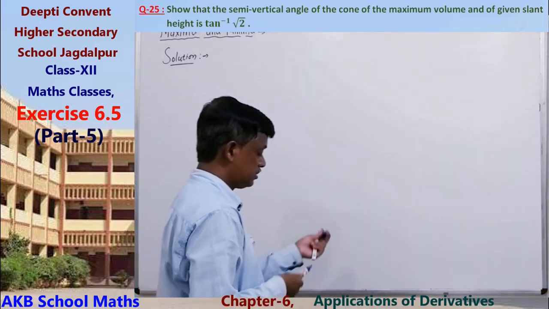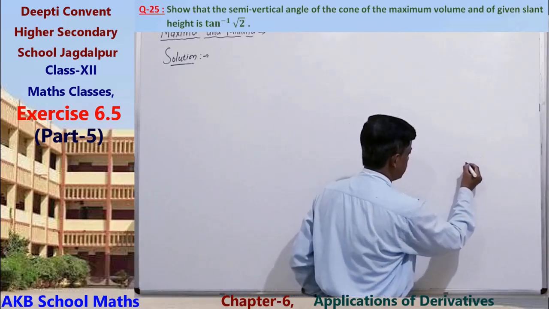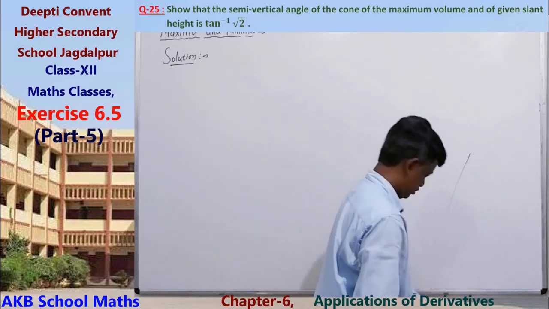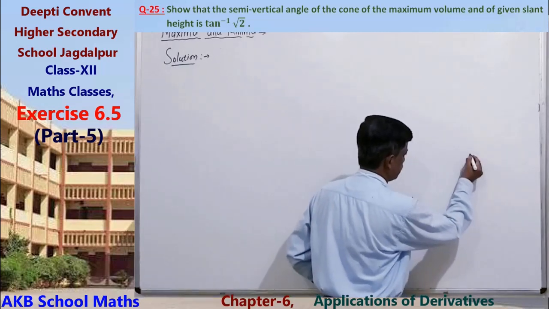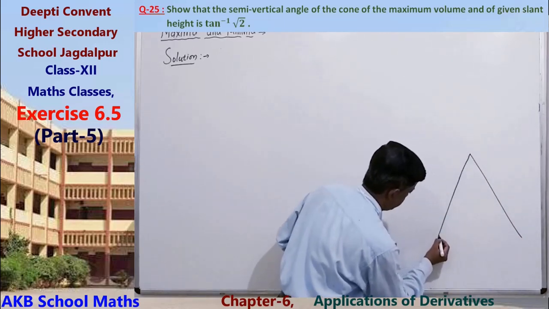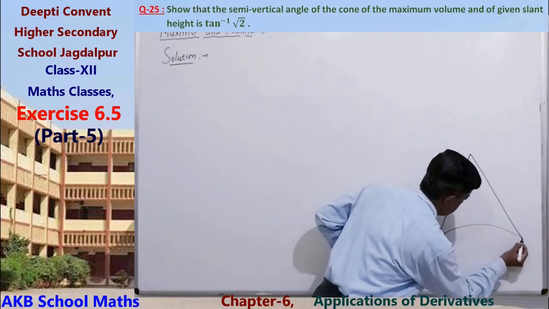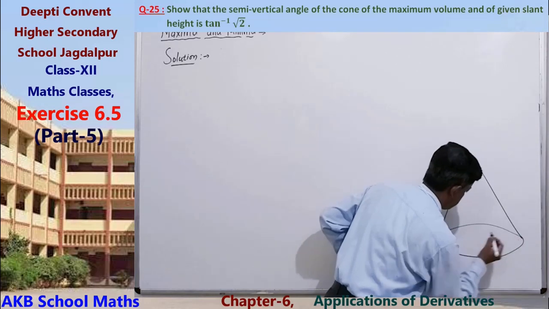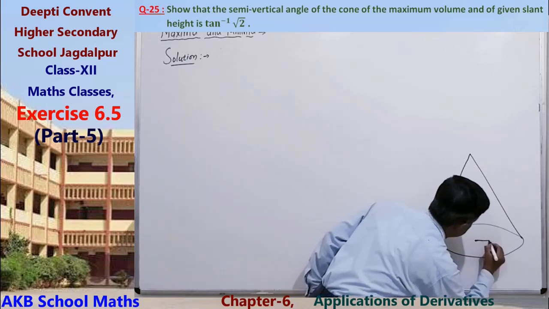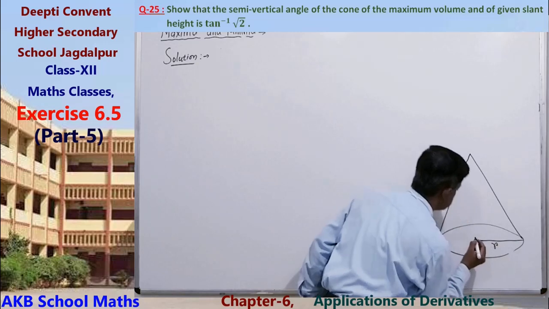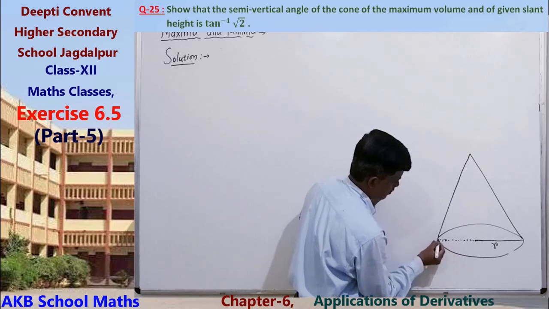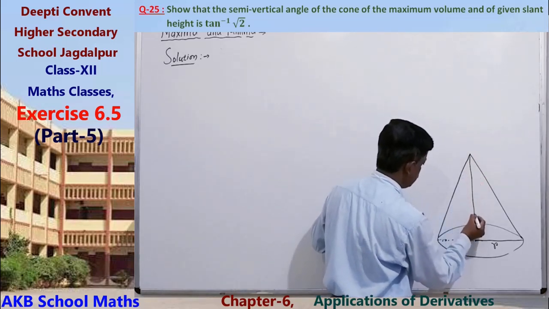So here, suppose the cone is this. This is our cone and this is the radius of base and this is the height of the cone.